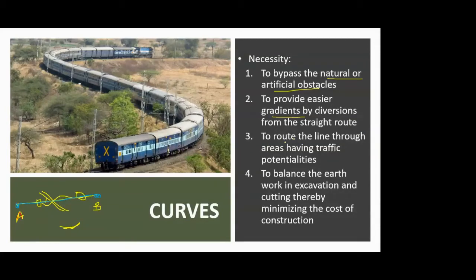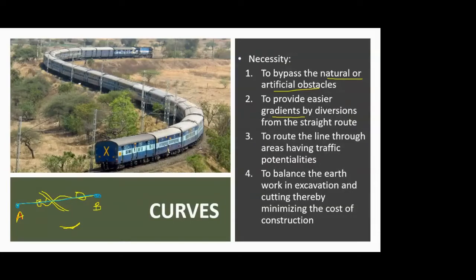So the next necessity is to route the line through areas having potential traffic. Now though it's a railway, we know that the railway network in India is one of the largest, but then too Indian Railways is continuously striving to connect more and more villages and towns through the railway network.